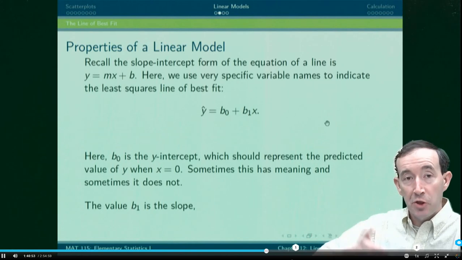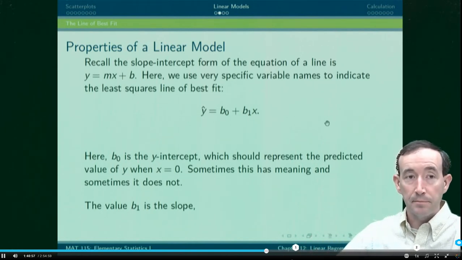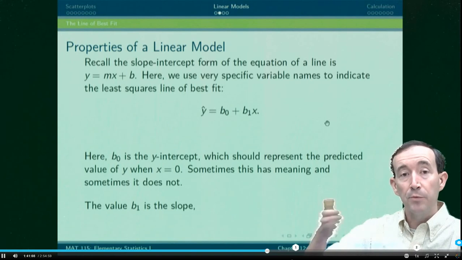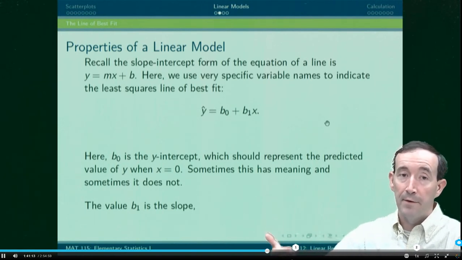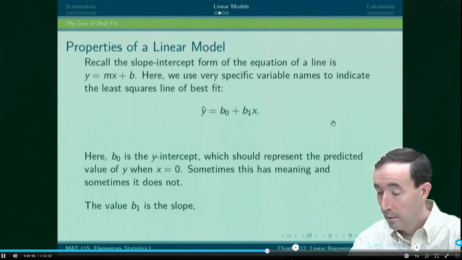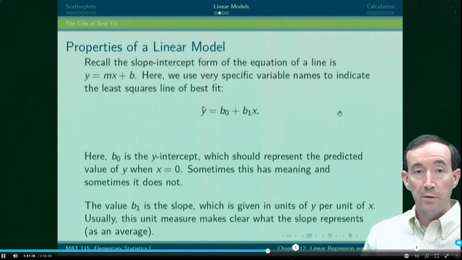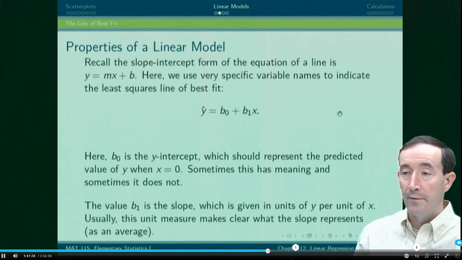So you can think of it as the change in y per the change in x. And in fact, in most situations, if you have units for your y's and units for your x's, those units will actually tell you what the slope is doing. It's computing an average rate of change. As your x values go up by 1, what happens to your y values on average? And so as long as you can state it in terms of units of y per units of x, that almost always makes clear what that average represents.